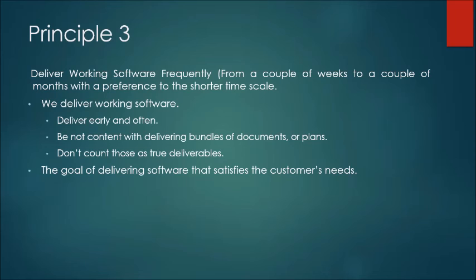Don't count those as true deliverables, because true deliverables are the product or the software being expected from you. The goal of delivering software that satisfies the customer's need should be the prime objective. Deliver the functionality one by one.